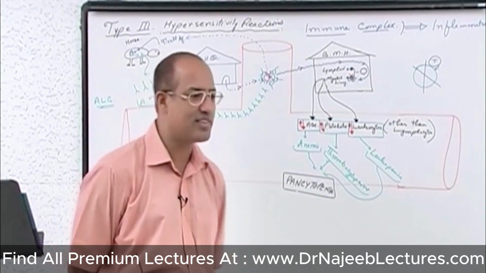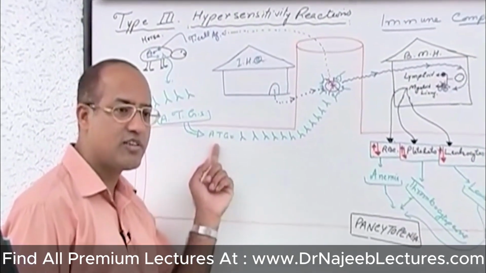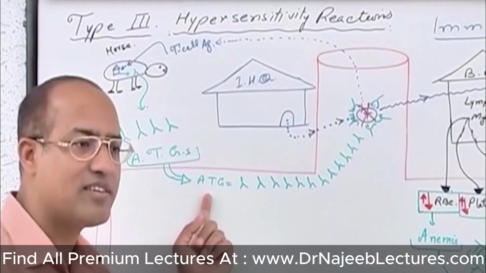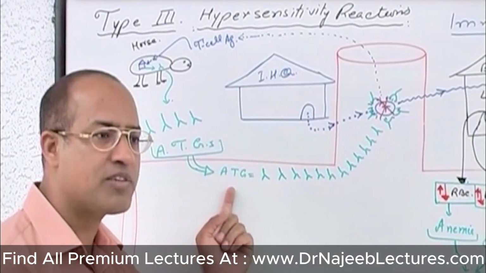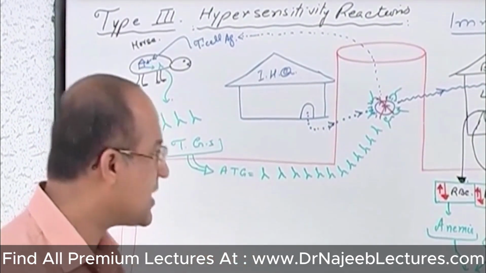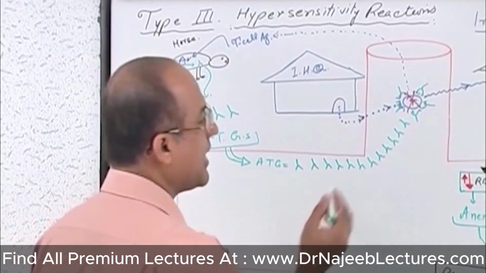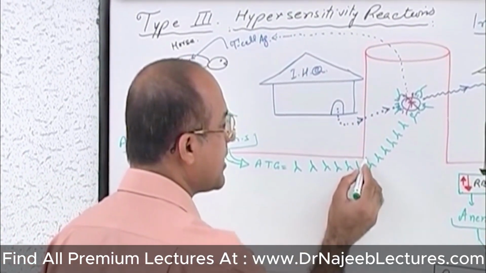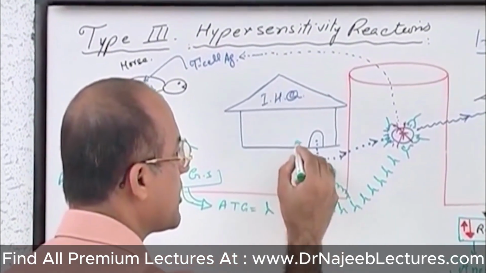Now the question is this: how did ATGs trigger the serum sickness-like disease? What did ATG do in the patient's body that he developed such a special type of illness? Let me answer it. Actually, these ATGs or horse antibodies are taken up by the immune headquarters.